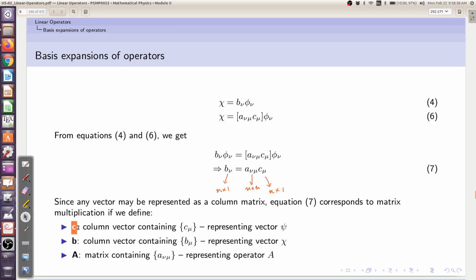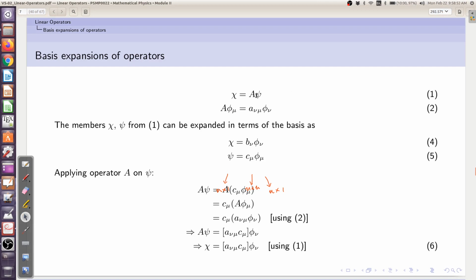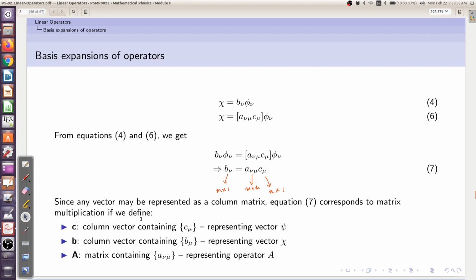Okay, so we define matrices C, B and A. So what does C represent? C represents this vector psi. And B represents the vector chi.